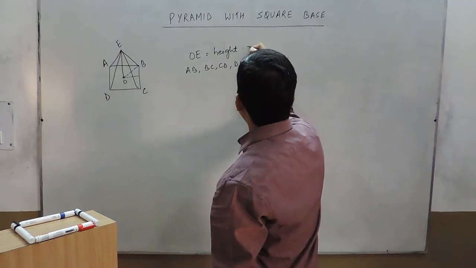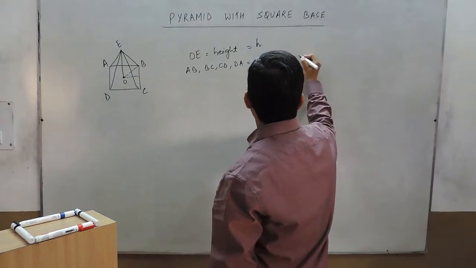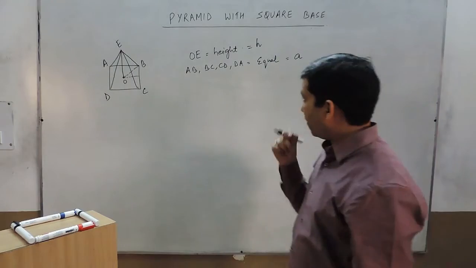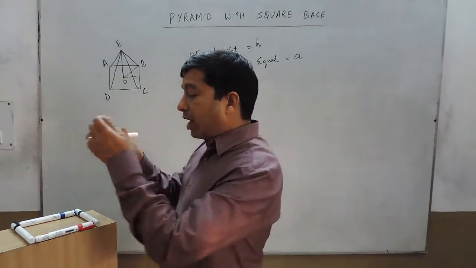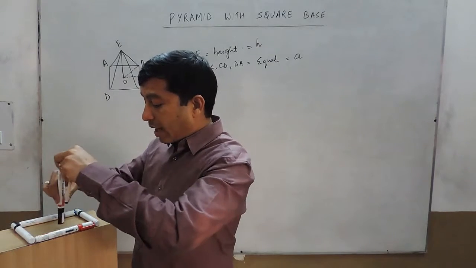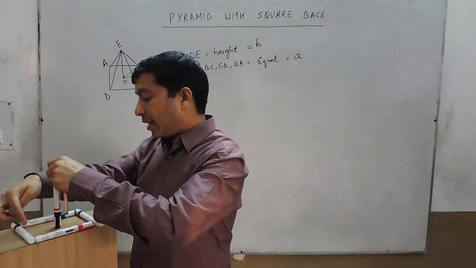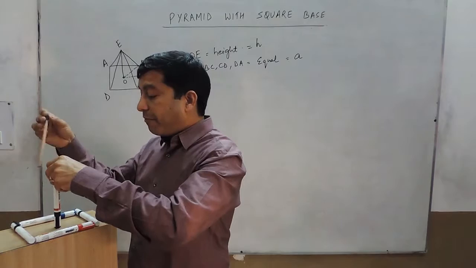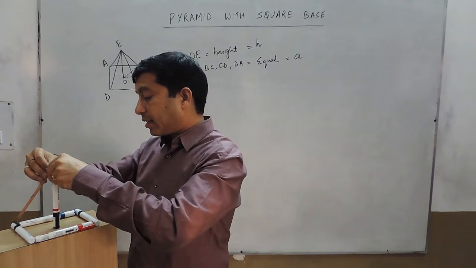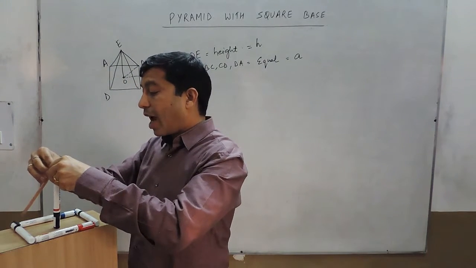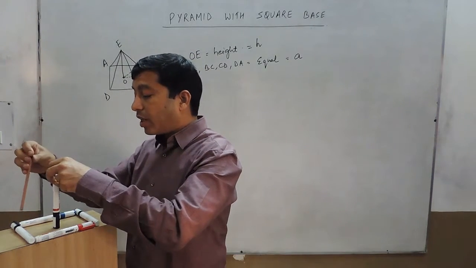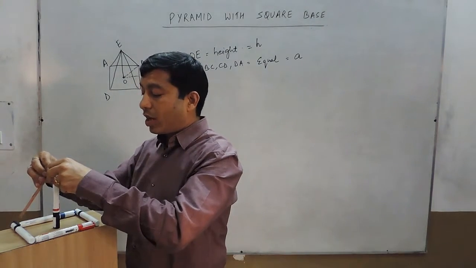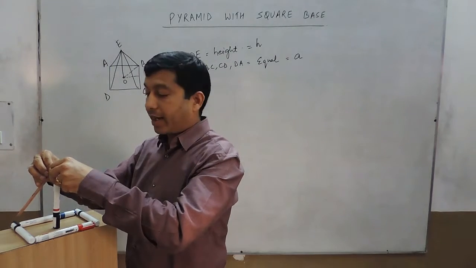And suppose we take the height as H and the side as A. Now, if we draw a line like this, it is known as the slant height. This slant height is touching the vertex of the base, so it is known as the slant height at the vertex.